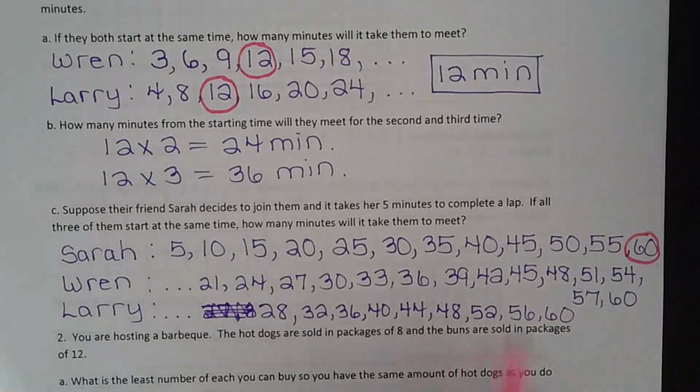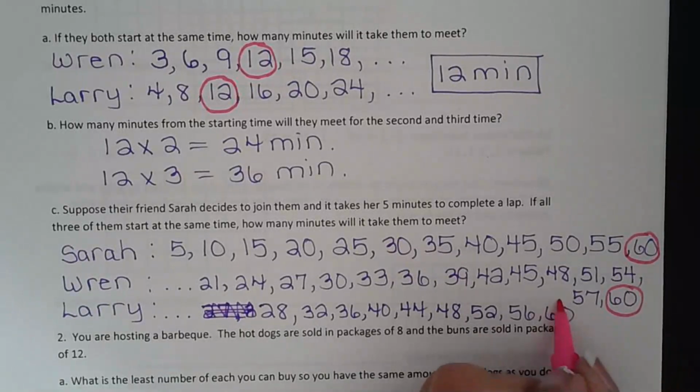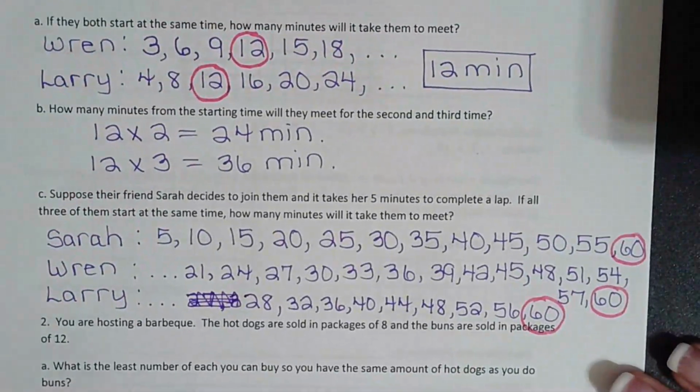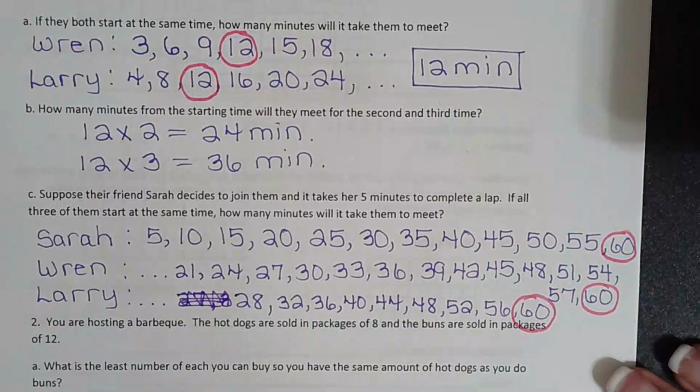60. So they all 3 will not be at the starting point until 1 hour after they began, and then they'll meet up again at the start.